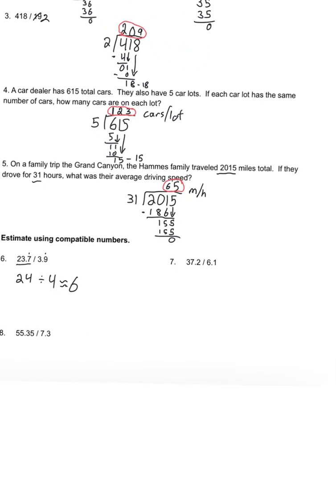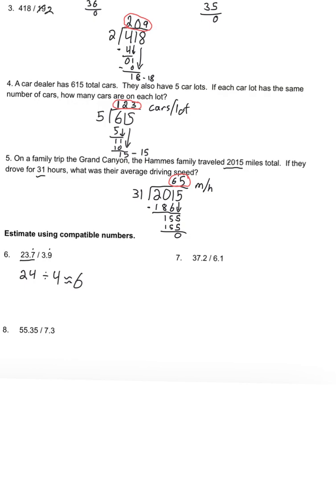On to the next one. We are going to do 37.2. We're going to estimate, and we're going to go down to 36. Because 37 isn't a nice number. 37 is actually one of those prime numbers, if you remember what that is, where it doesn't have a single factor besides itself and the number 1.